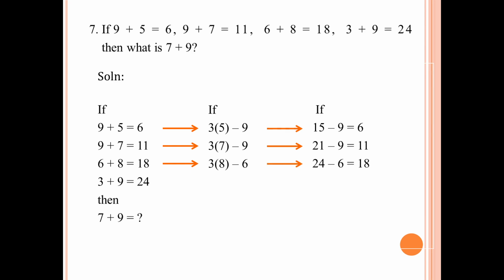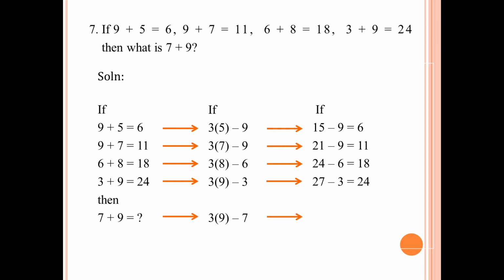Still satisfied. Then the last is we're going to multiply 9 by 3 and subtract it to 3. So 3 times 9 minus 3. And we know the product is 27 minus 3 equals 24. So this time we can solve the 7 plus 9 by multiplying 9 by 3 and subtract it to 7.